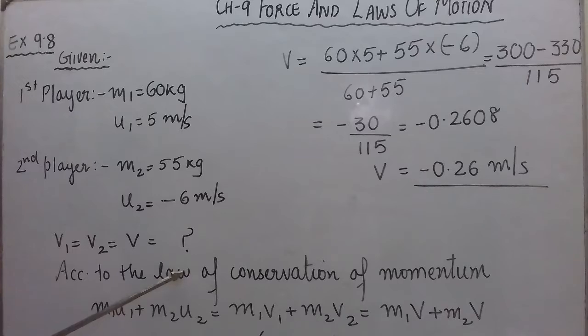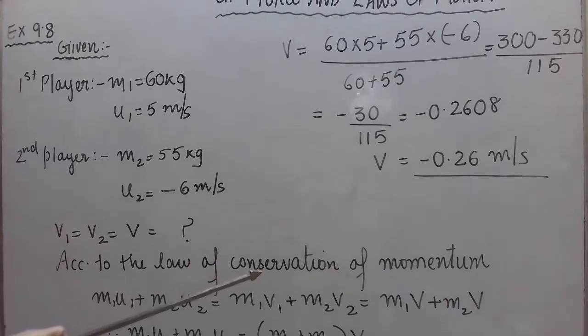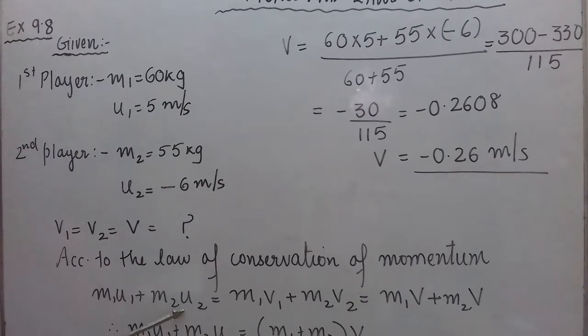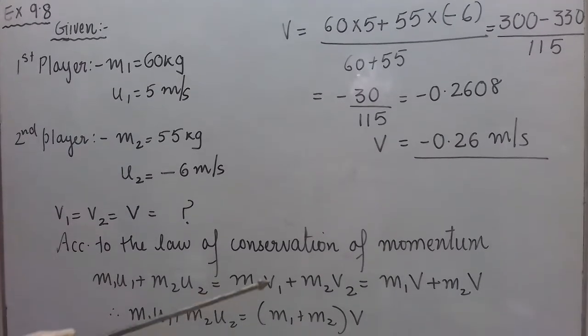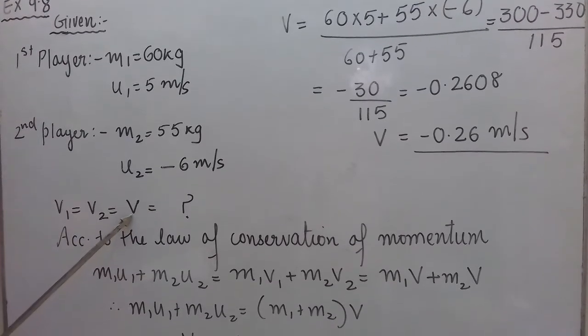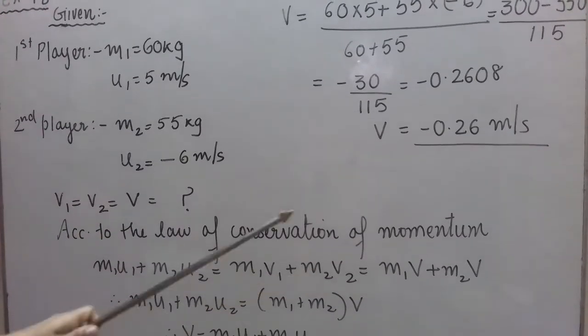According to the law of conservation of momentum, we are going to write m1 u1 plus m2 u2 is equal to m1 v1 plus m2 v2. Again, I'll put v1 equal to v2 equal to v, and hence I get that.